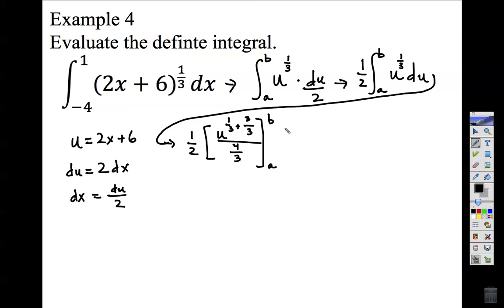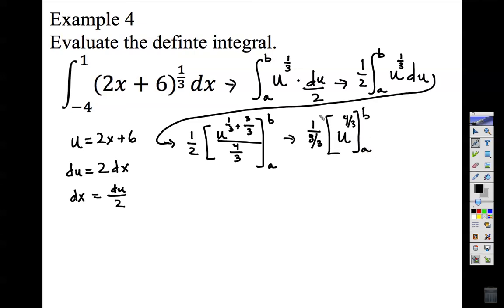Since this is a number, I can factor this out over here. So 2 times 4 is 8. Divide that by 3. So we have 1 over 8/3 of u to the 4/3 power, all solved between a and b.